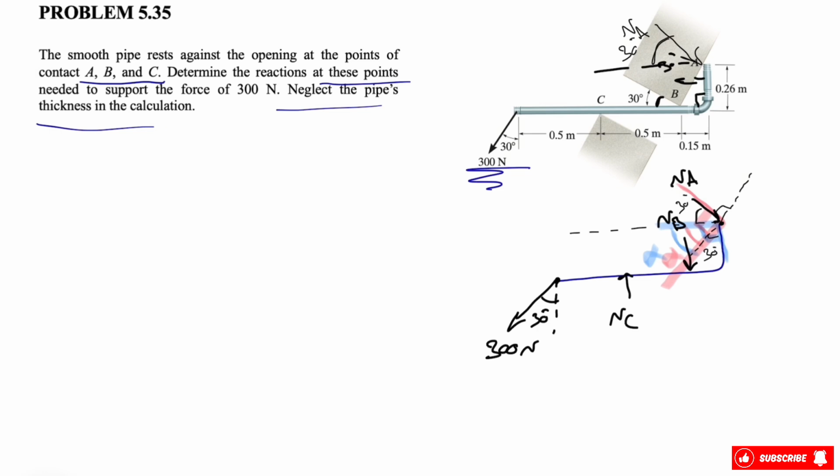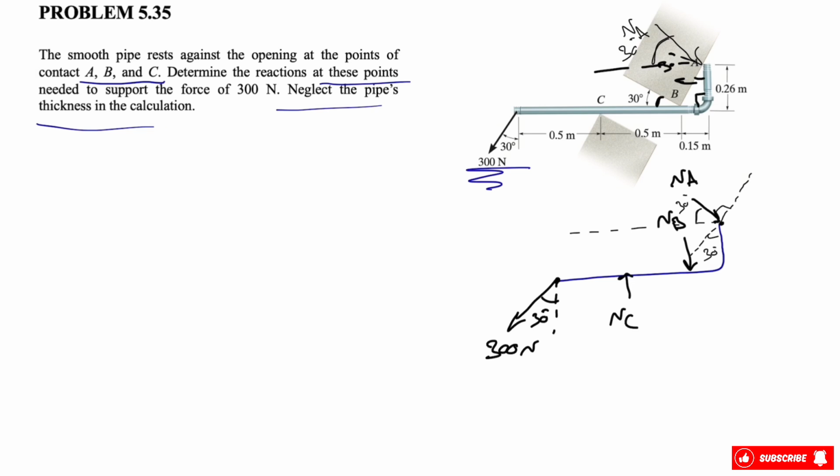So when the middle angle is the same, that means these two angles are also the same, which is the 30 degrees that we have in the previous part. And now we have all the angles and all the dimensions are already in the question, so we're good to go with our equilibrium equations.